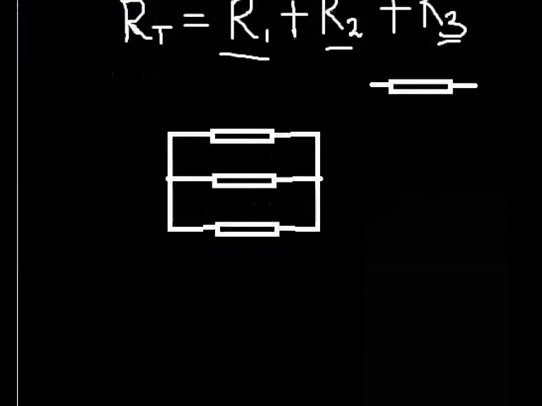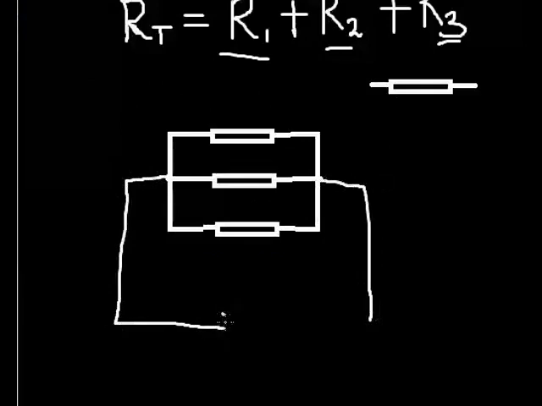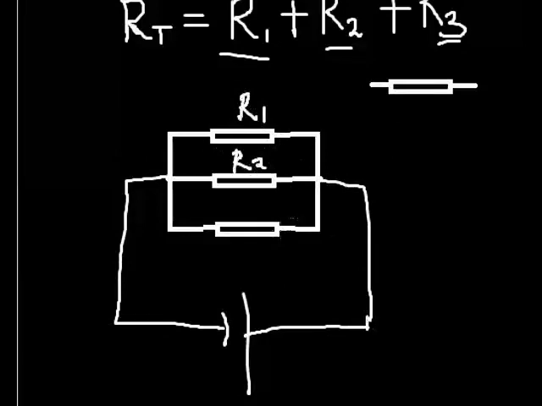Okay, so this is parallel connection. And of course I connect it across the potential difference. So let's say this is R1, this is R2, and of course this is R3.